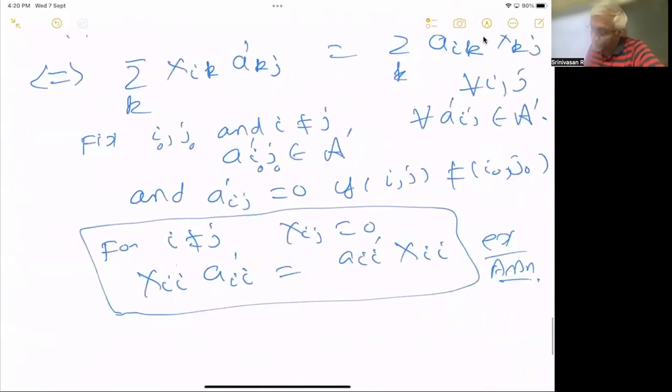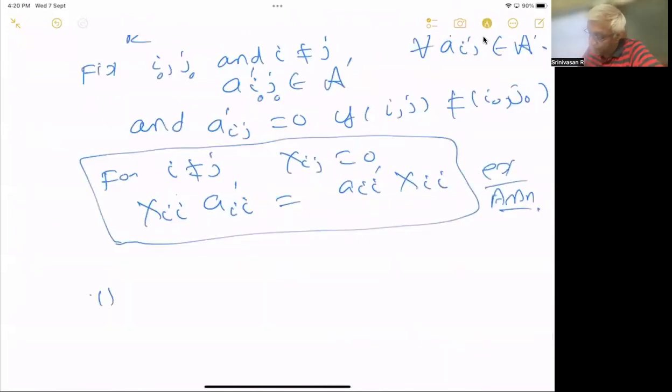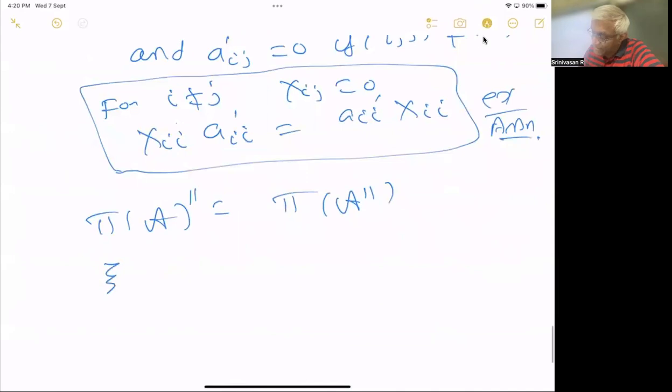So what we have got is pi of A double commutant equal to pi of A double commutant. Now I have taken xi tilde as a vector, which is xi 1 up to xi n.